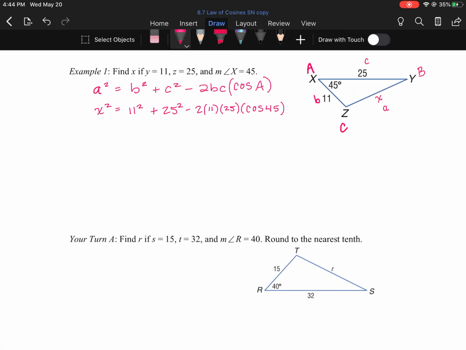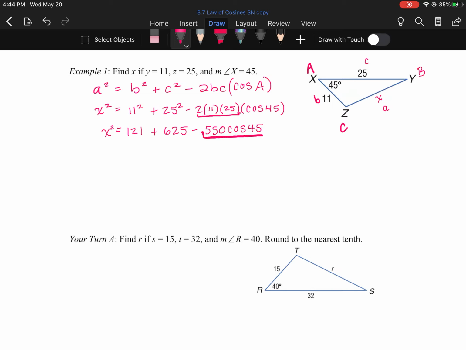One thing about this: everything here, there are no variables, so it's a matter of just going through and doing the problem. I'll do this step by step, though you could type it in the calculator all at once if you prefer. I get x squared is equal to 121 plus 625, minus, and I multiplied 2, 11, and 25 together to get 550 cosine of 45.